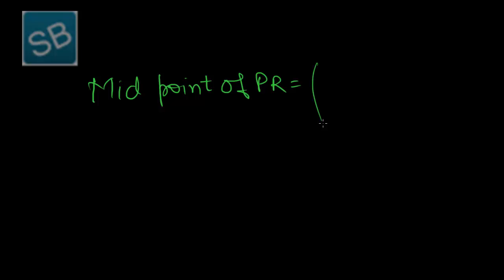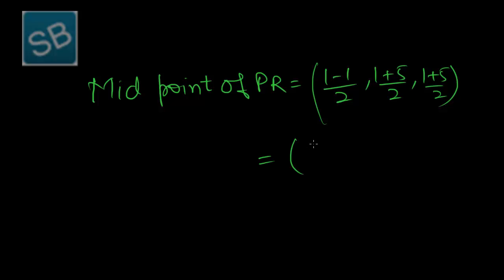Now we'll check the midpoint of these diagonals. Midpoint of PR is sum of coordinates over 2. 1 minus 1 over 2, 1 plus 5 over 2, 1 plus 5 over 2. So we get 1 minus 1 is 0, 0 over 2 is 0, 6 over 2 is 3 and 6 over 2 is 3.